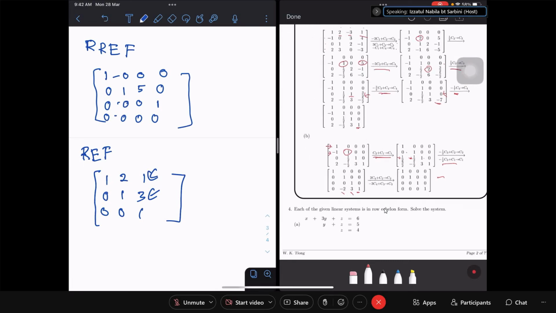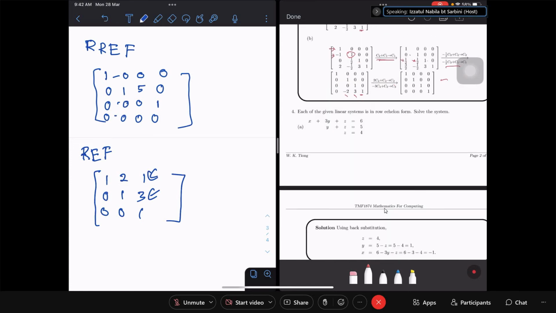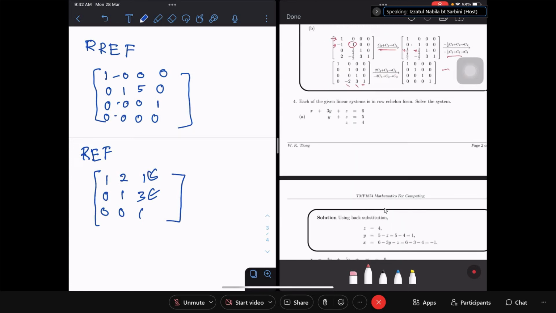Right? Alright, question 4. Each of the given linear systems is in row echelon form. Solve the system. This question is actually the end of the process, after you reduce, you get row echelon form and reduced row echelon form. This is row echelon form.